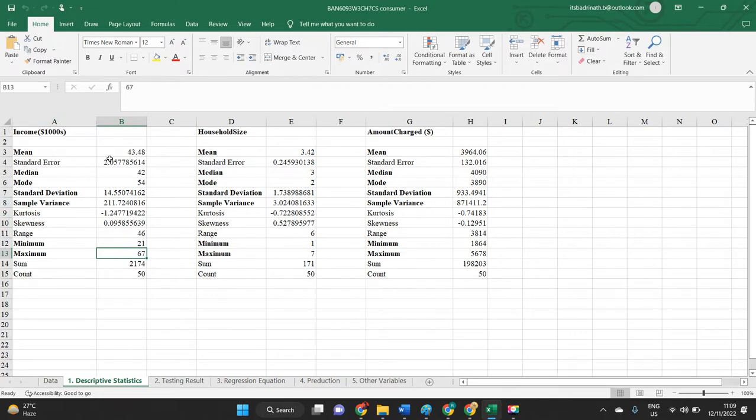On average, the income for everyone is 43.48 thousand dollars.